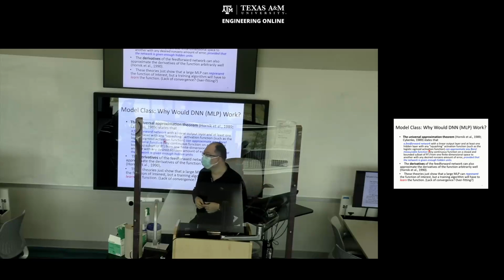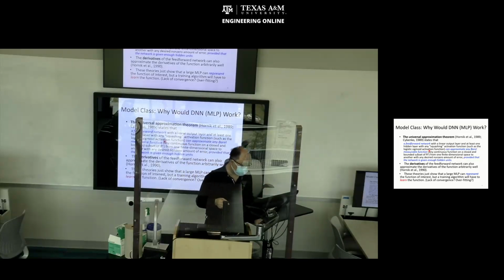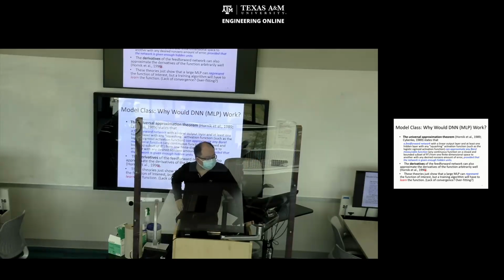There's another version that also talks about first order information, that is, the derivatives of the feed-forward network can also approximate the derivatives of the function arbitrarily well. That is a 1990 result.